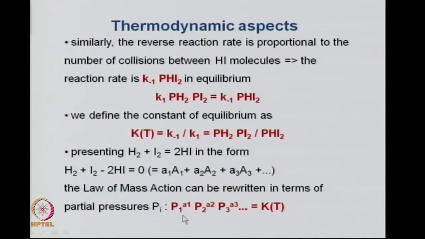For a reaction where small a1 times capital A1 plus small a2 times capital A2 react, this can be rewritten as a product of the pressures raised to the powers of these coefficients a1, a2, a3 etcetera, and that product will give rise to the equilibrium constant at a particular temperature.